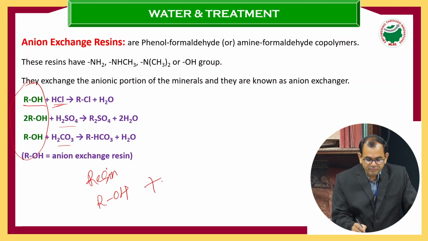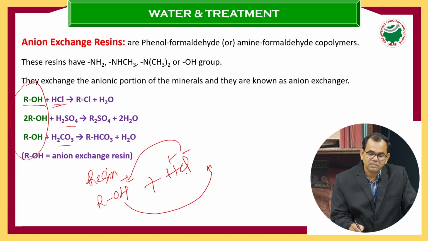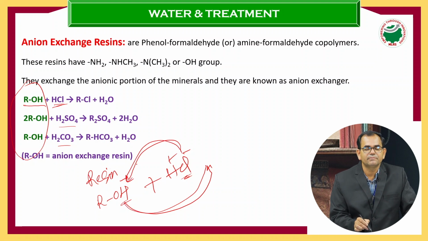This resin reacts with HCl, H plus Cl minus. The OH minus anion of the resin has been replaced with another anion, that is Cl minus, chloride ion, a negative charge anion. Here OH minus is a negative charge anion. So OH minus ion has been replaced with Cl minus ion.